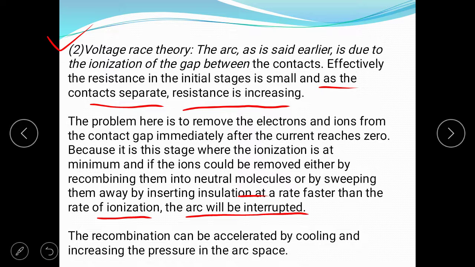The simple meaning of this theory is, we know that an arc is the phenomenon of ionization of air particles between the contacts of the circuit breaker.